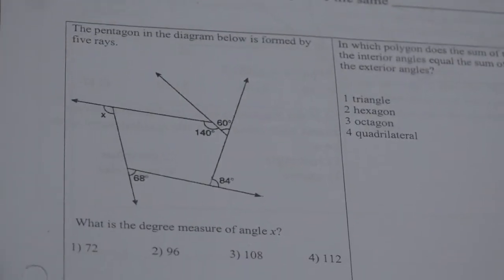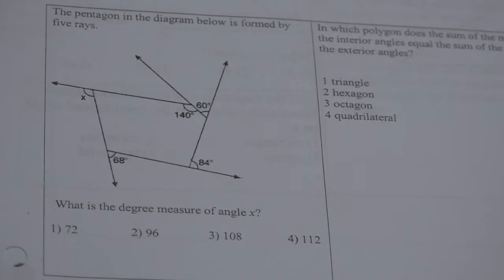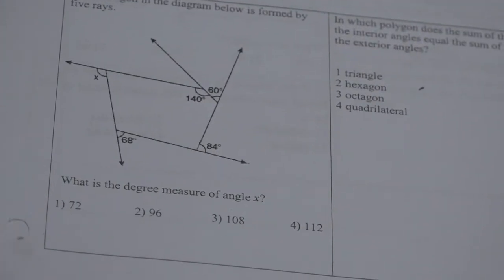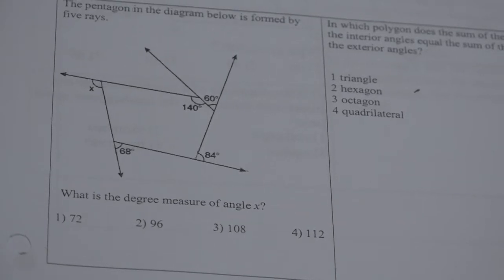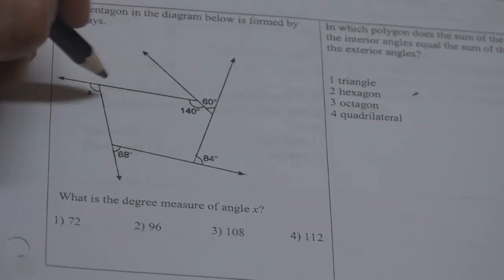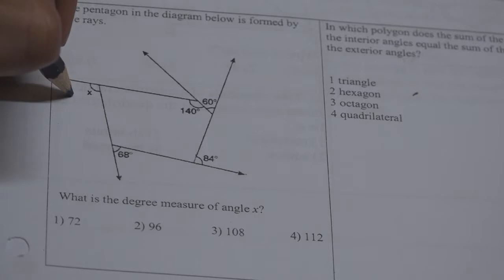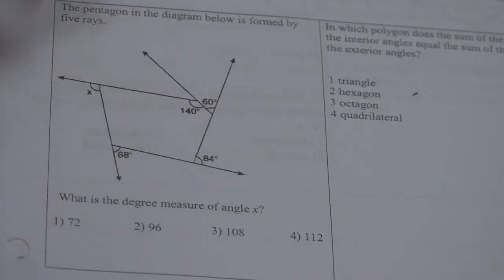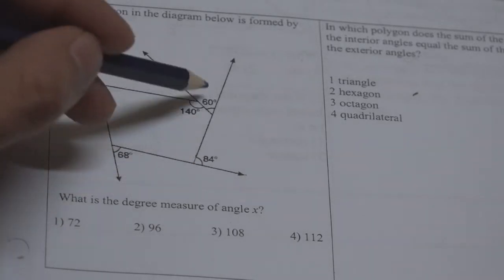Okay, so this problem right here. I'm supposed to find the measure of angle X. Sure, why not? To find the measure of angle X, I have to add all the exterior angles. So 68 plus 84 plus 60.